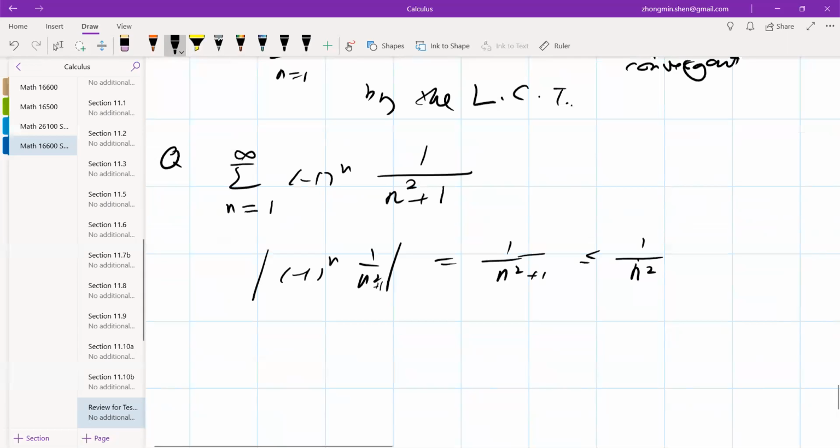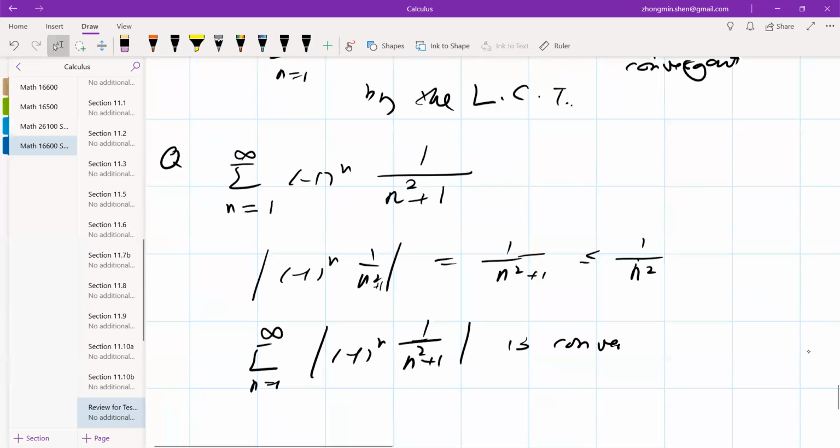By the comparison test, this is convergent. Why? Since this is convergent by the p-series.